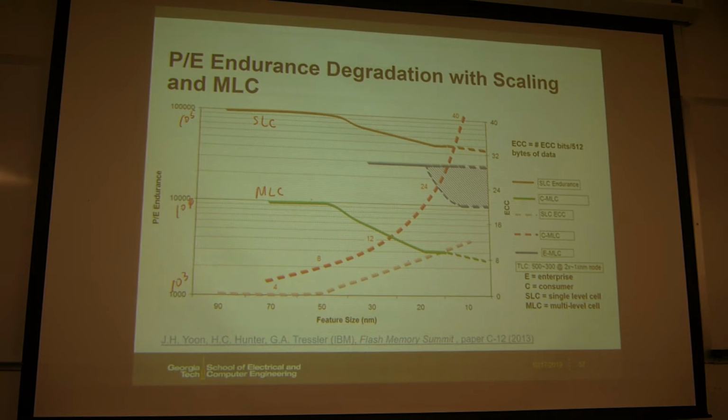It will try to schedule the new write operations to the blocks with a lower counter value, so you evenly distribute the write operations across the whole SSD. So there are some architectural techniques to deal with this. But from the device perspective, you can only write like a few thousand cycles on a single flash cell.